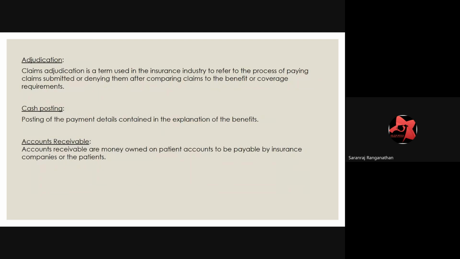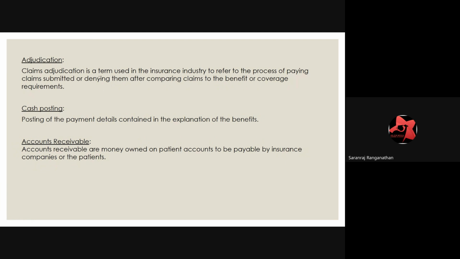Then the next one, adjudication. Claim adjudication is a term used in the insurance industry to refer to the process of paying claims submitted or denying them after comparing claims to the benefit or coverage requirements. If in case there is any missing information in the report, the adjudication process will call the particular patient or provider, and collect the details.